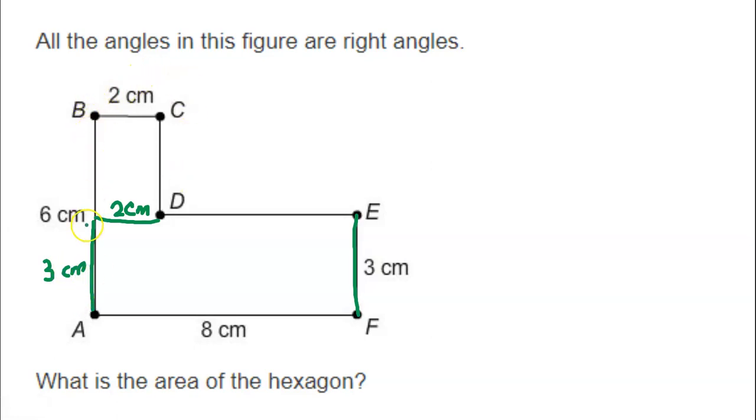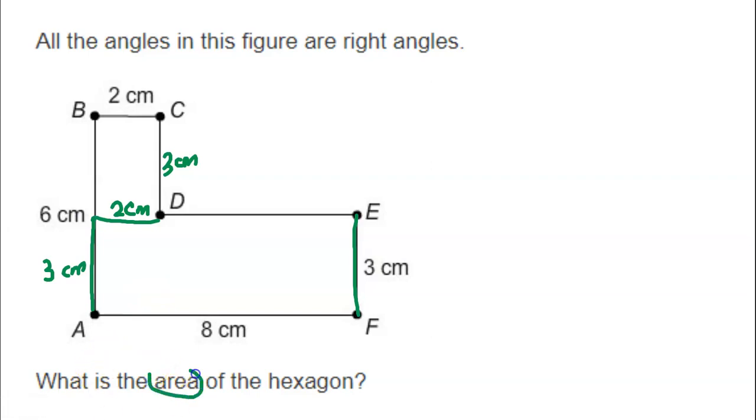Now I'm going to determine that if this whole line is 6 centimeters and this part of the line right here is 3 centimeters, then this is going to be 3 centimeters. And now I know that I can add, let's see, what is it asking for?